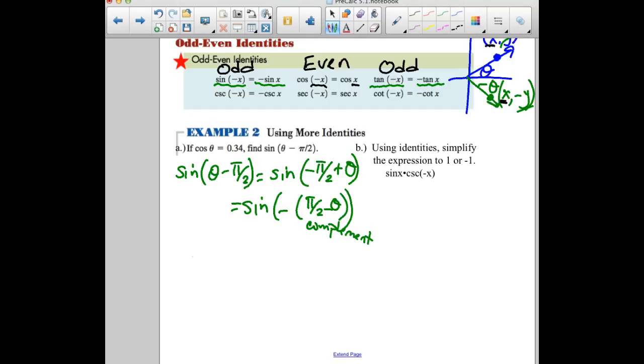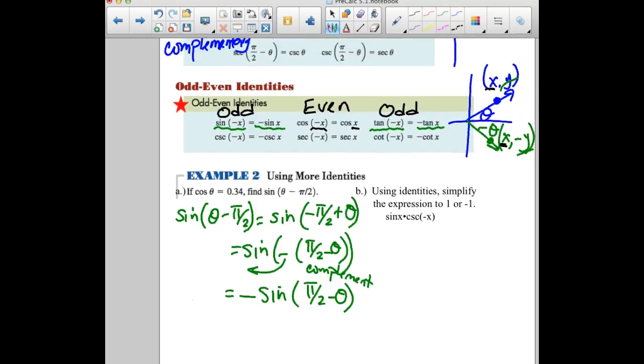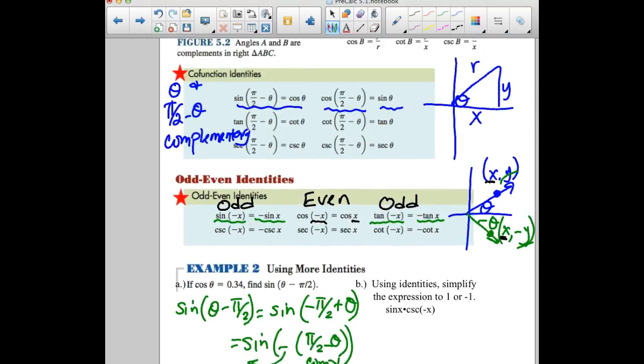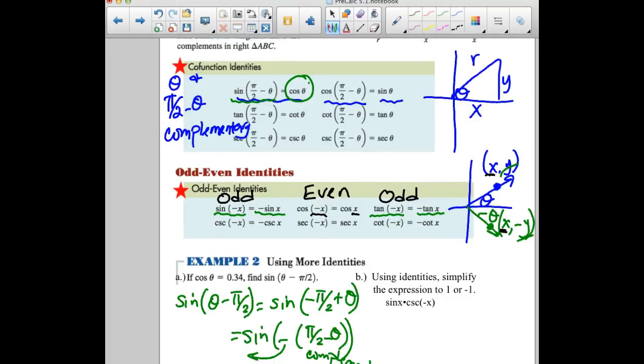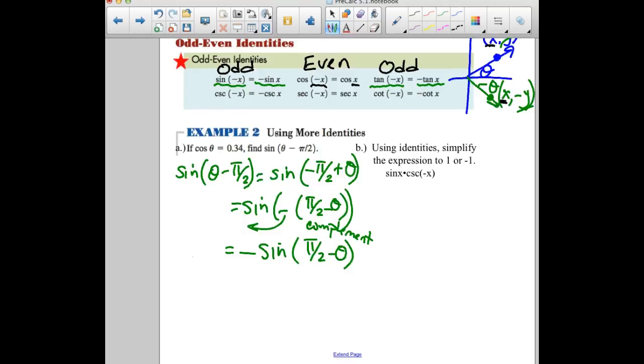Okay? So we're basically saying, let's factor that negative out. All right, let's pull that out. So the sine of the complement is the opposite. So we have negative sine of pi over 2 minus theta. And if you look back up at our identities for cofunctions, the sine of the complement is the same as the cosine of our original.